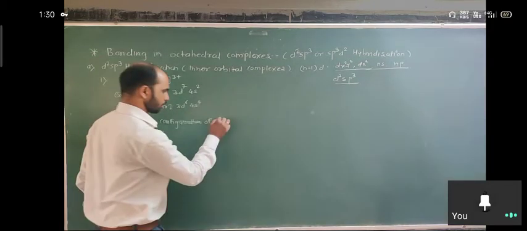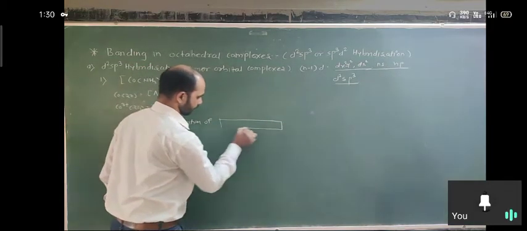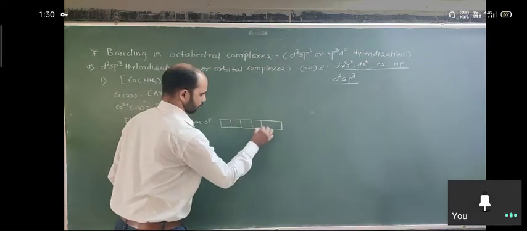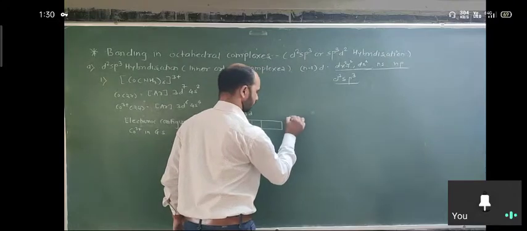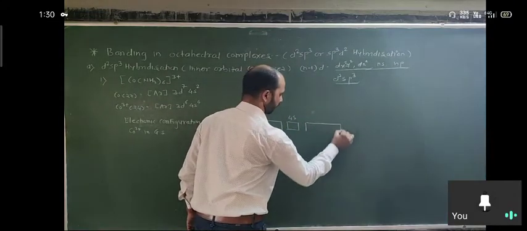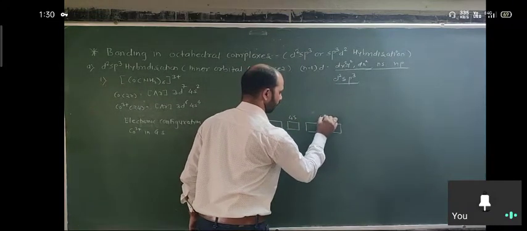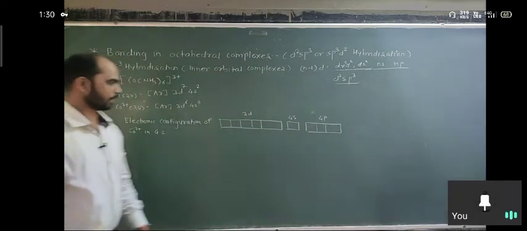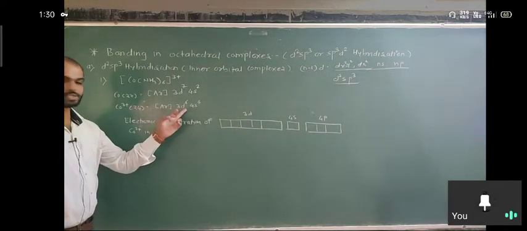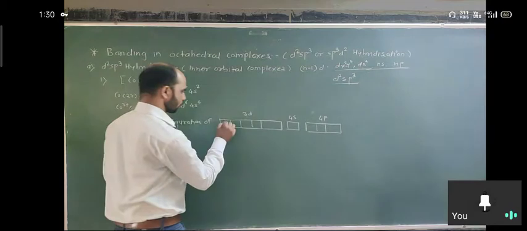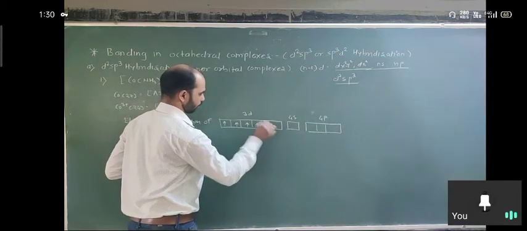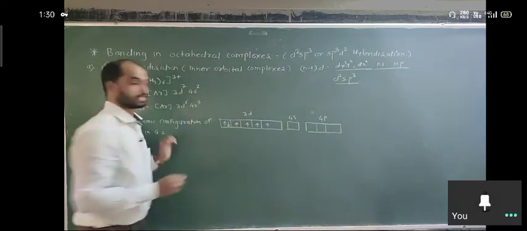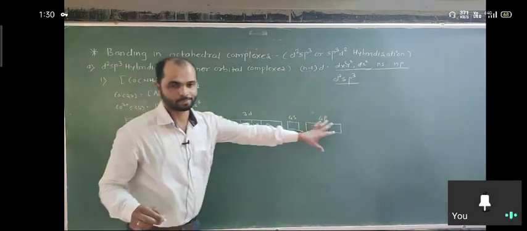We draw the first 3d orbitals, then one 4s, then three 4p. Here how many electrons in d? There are 6 electrons: 1, 2, 3, 4, 5 and 6. There is no electron in 4s and 4p.